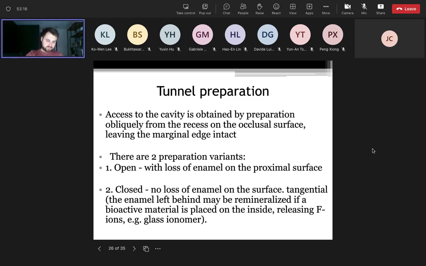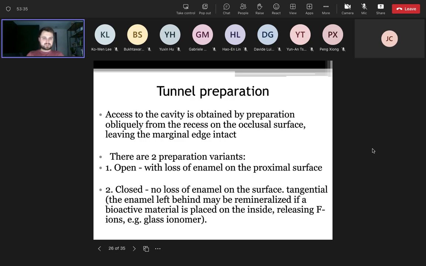Tunnel preparation: access to the cavity is obtained by preparation obliquely from the recess of the occlusal surface, leaving the marginal edge intact. So we've got two variants of this preparation.